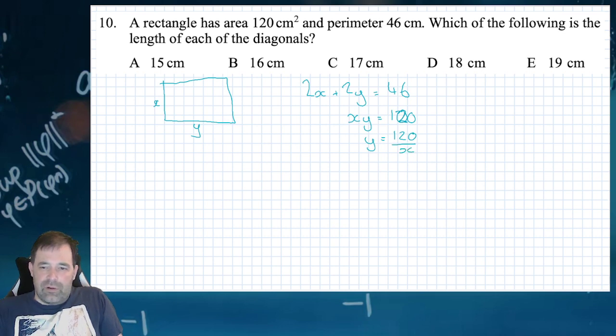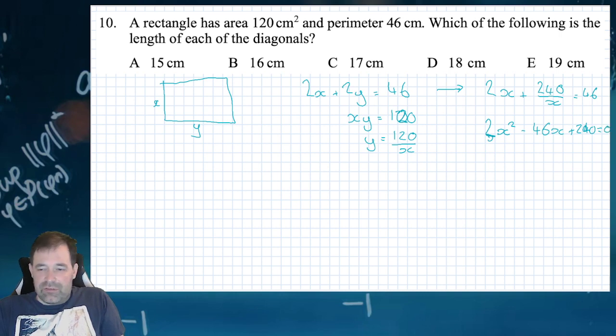So our first equation is now going to become 2x plus 240 over x is 46. We've stepped up a notch here. We're going to get a quadratic here. We're going to get 2x squared plus 240, take 46x is 0.